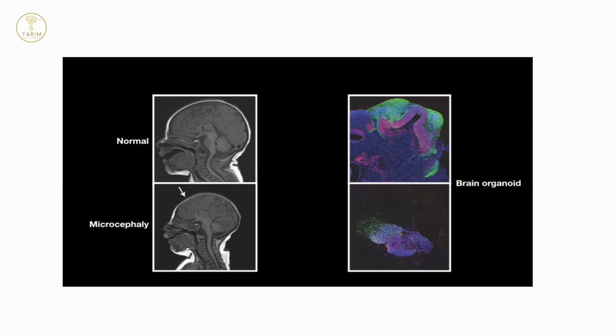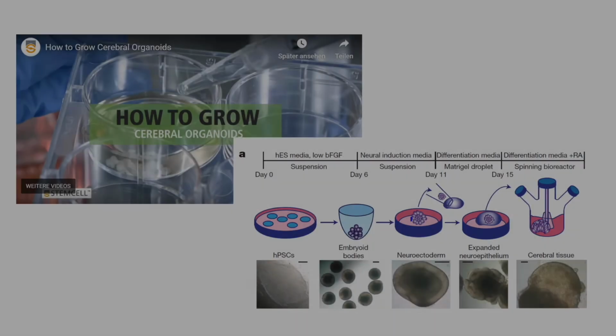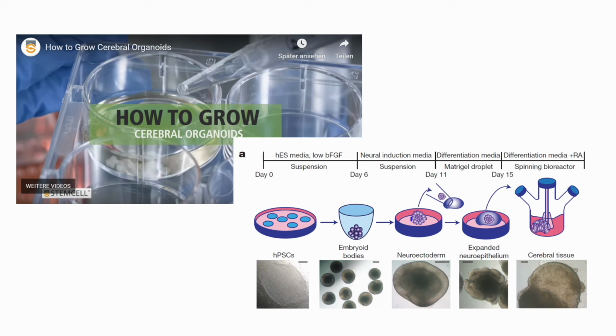And how do we generate brain organoids? Well, it follows a protocol that starts at day 0 with human pluripotent stem cells, growing them, then culturing them in so-called embryonic bodies.